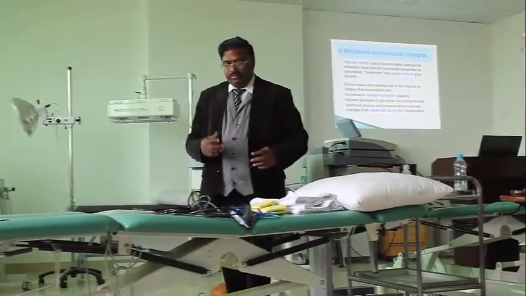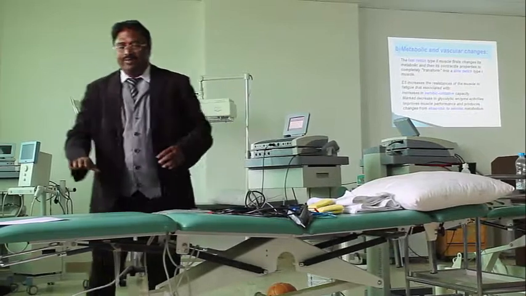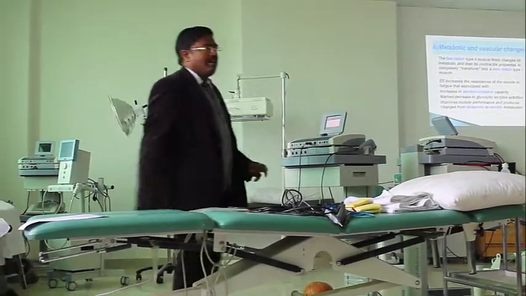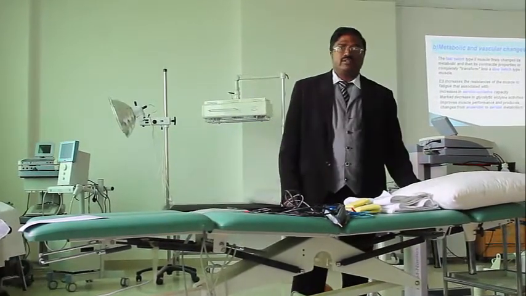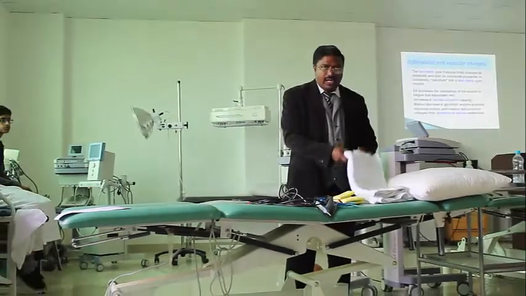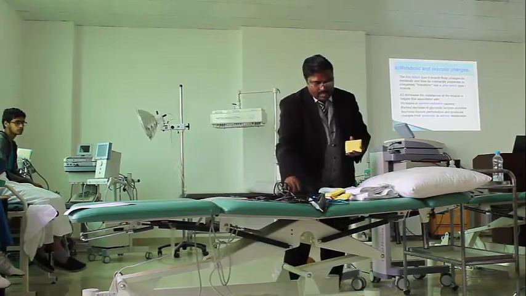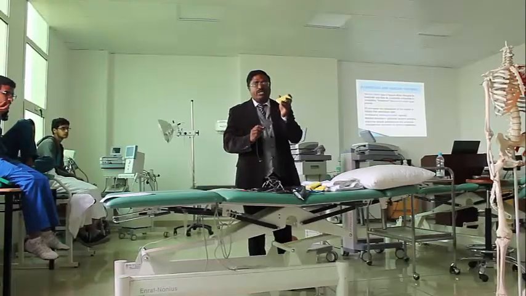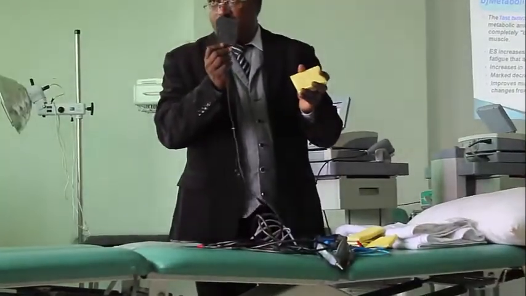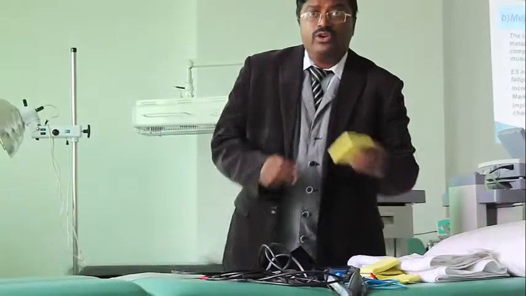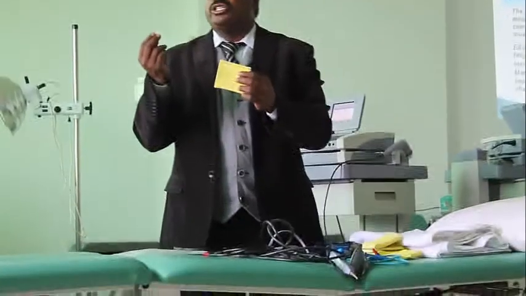For example, going very grossly, definitely you know this is a bed, and definitely you know these are pillows and towels. These are called electrode covers. This is the electrode and this is the cover. These electrode covers are usually made up of sponge.